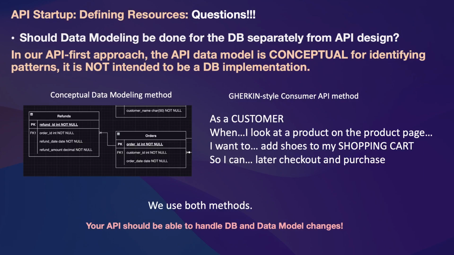However, as a full-stack developer, I found that consumer API non-technical requirements can often miss items and could be improved if devs consider various other possible data resources in conceptual data models already. Just remember the data model we are doing in this video is not intended to be for a final API or database implementation, and that your API should be able to handle database implementation changes while remaining stable.